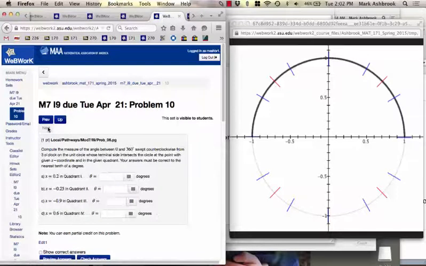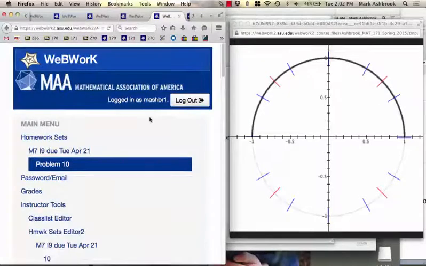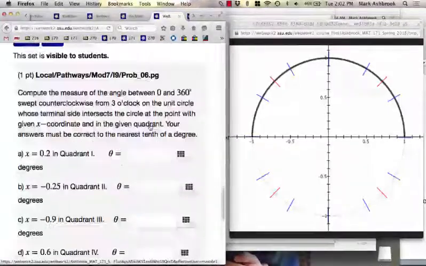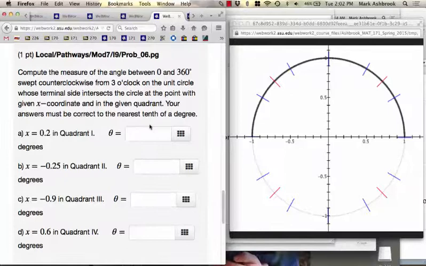The height above the horizontal diameter. Height above horizontal diameter. What do we think? Becca, agree with that? What would you say? The horizontal distance to the right of the vertical diameter. Okay, so she wants to change it to horizontal distance right of vertical diameter.